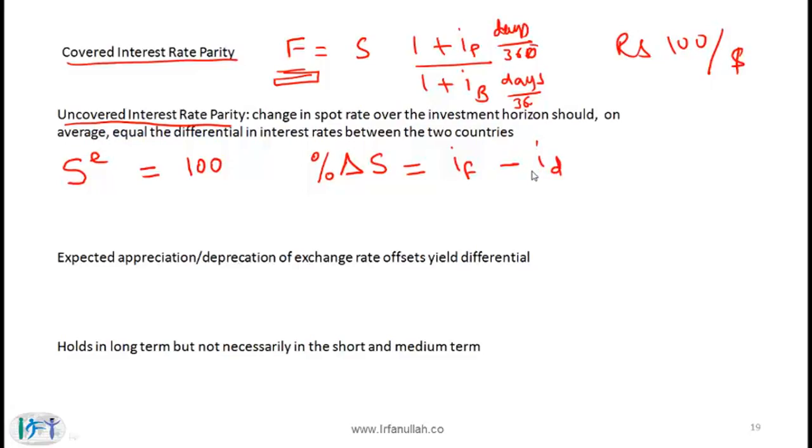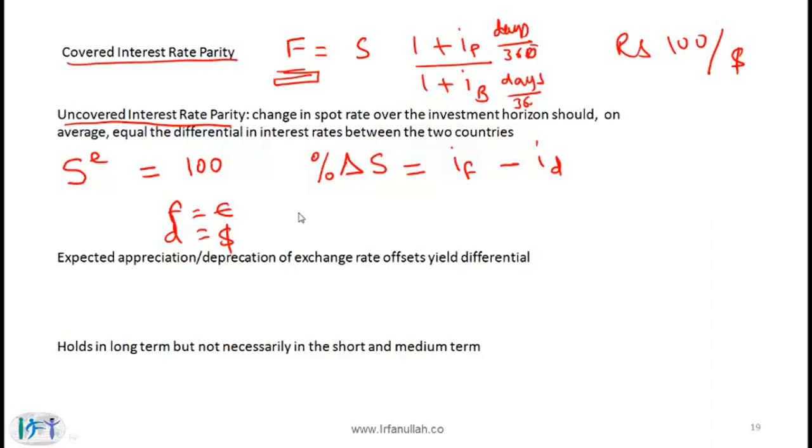A simple example, let's say that we are talking about euro dollar. Say you are a US investor investing in the eurozone. So for you, the foreign currency is the euro and the domestic currency is the dollar.